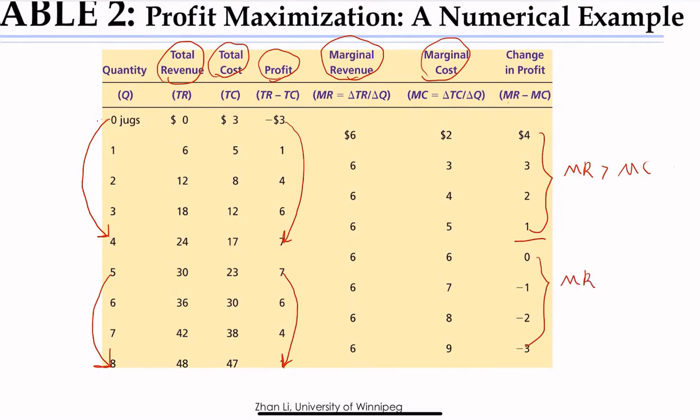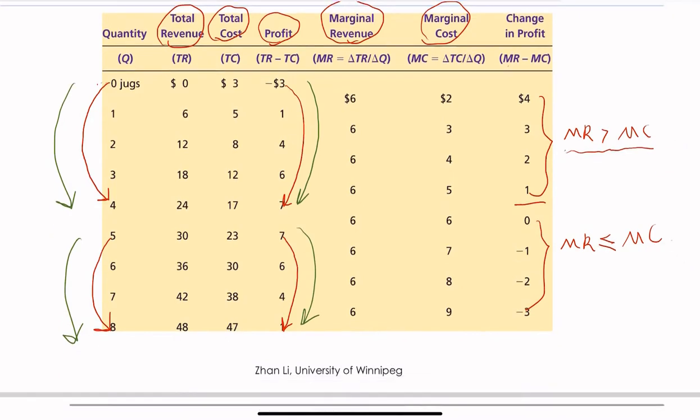So here we have marginal revenue smaller than or equal to marginal cost. Now what result can we get here? It basically says that if marginal revenue is larger than marginal cost, as you increase the quantity, your profit will increase. If marginal revenue is smaller than marginal cost, as you increase your quantity, then profit will decrease, right? So that's the result we truly want here.